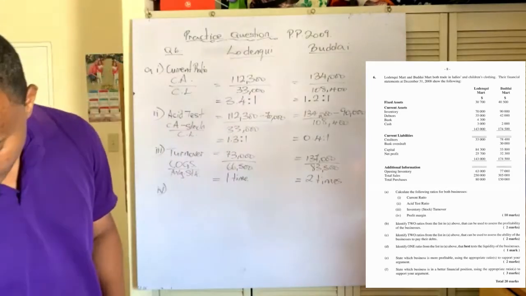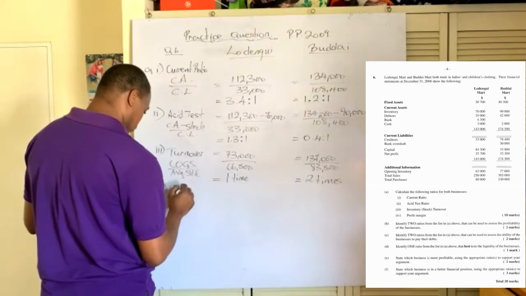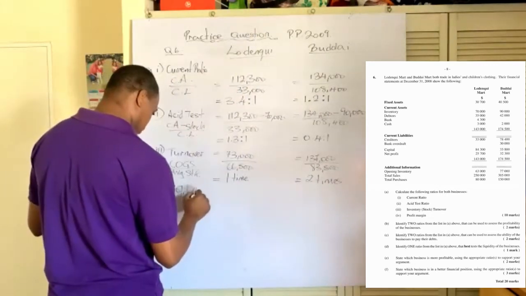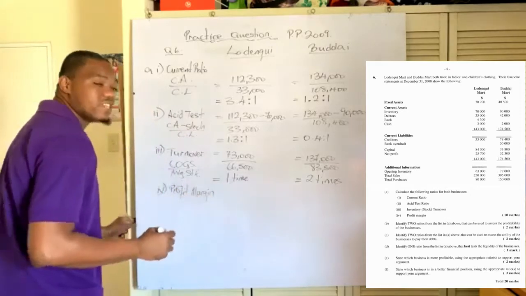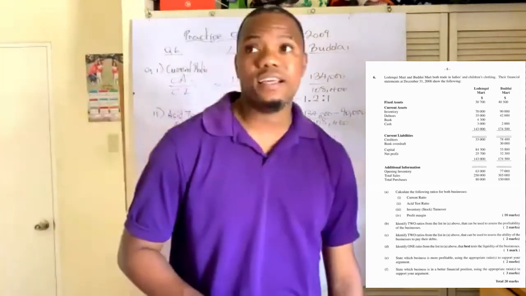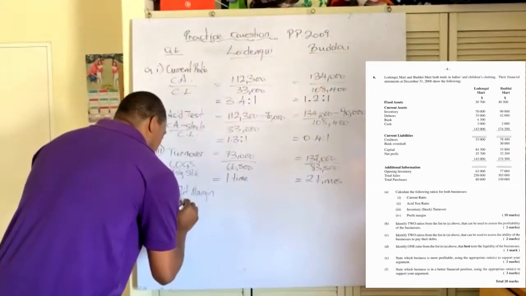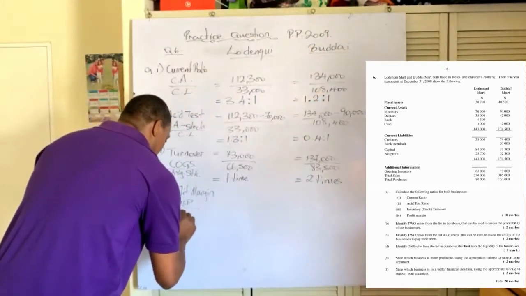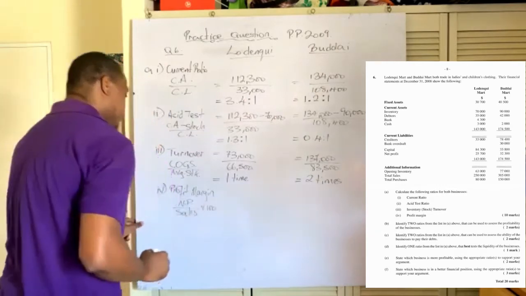The last ratio now is profit margin. The profit margin is the same thing as the net profit to sales ratio, right? So the formula is net profit divided by sales multiplied by 100.